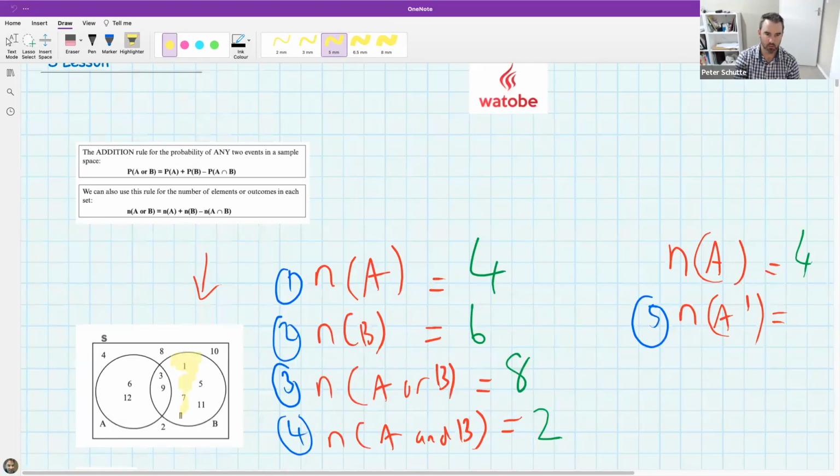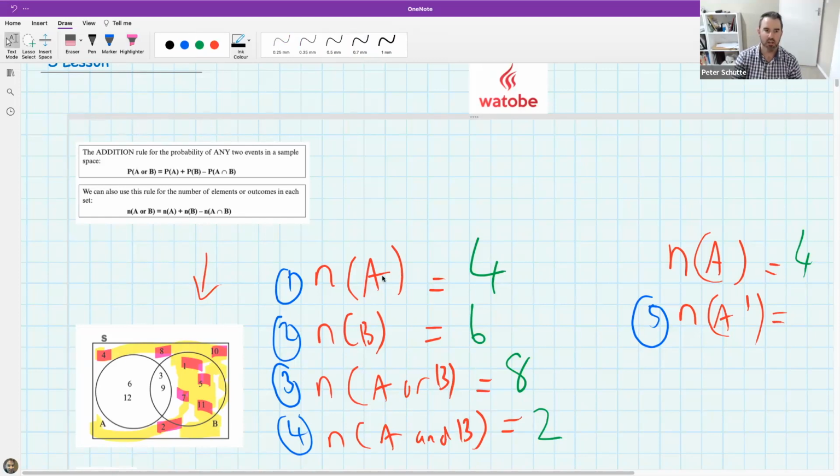So I suppose if I really wanted to color this in, I could focus on all these areas. And I count 1. Okay. So I would find that the n of A dash is 8.